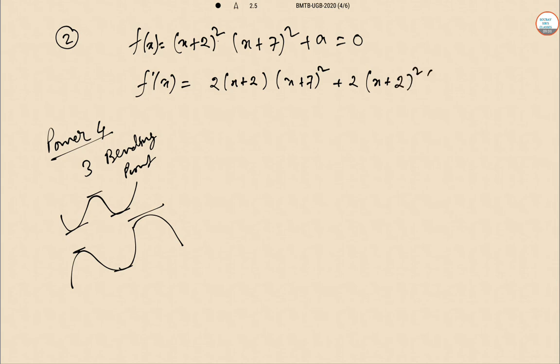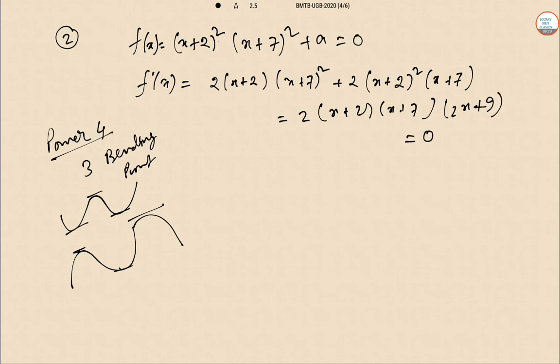(x+2)² into (x+7)², a is constant, so 2(x+2) and (x+7) can be taken common, and it will come up with (2x+9). Once this has been reached, the first order is equated with 0, so x will give you the values minus 2, minus 7, minus 9 by 2.